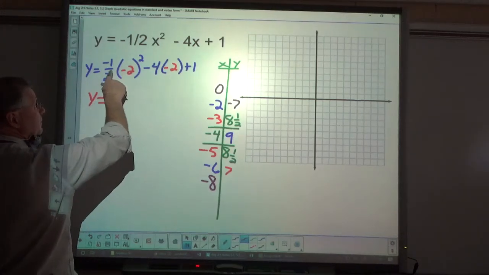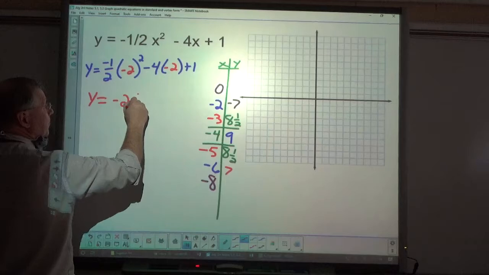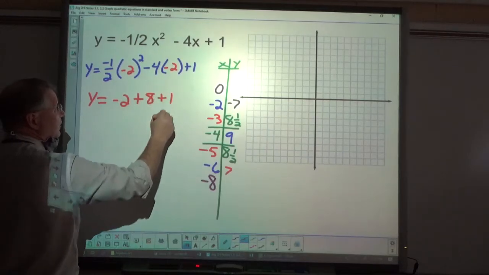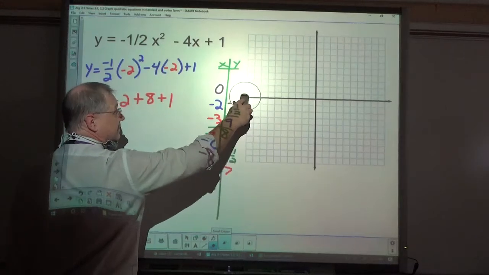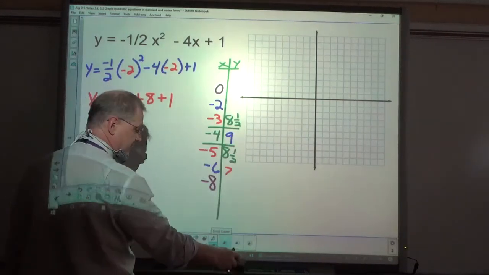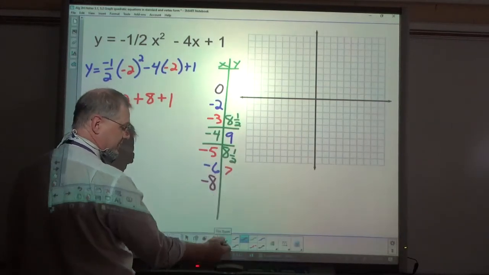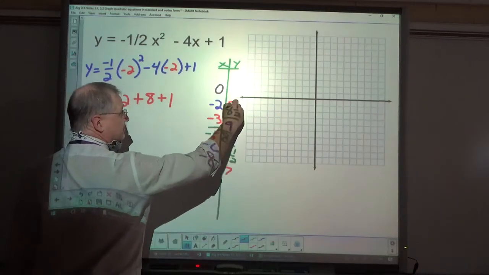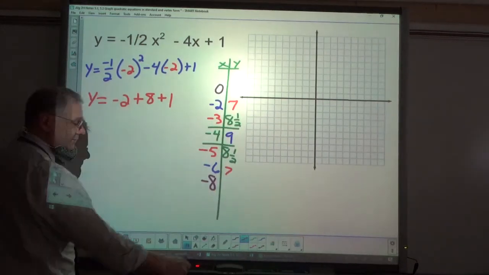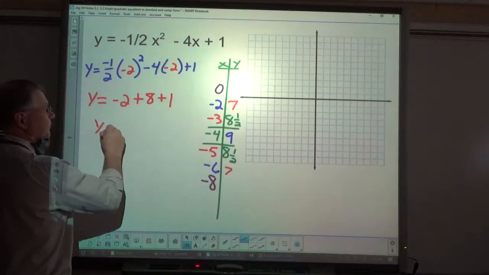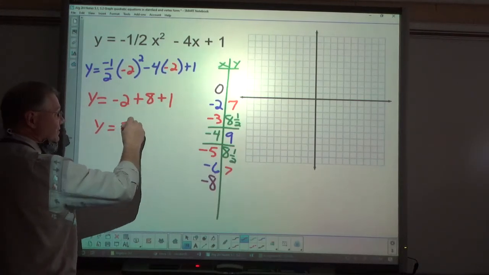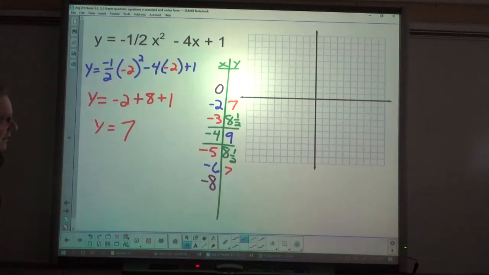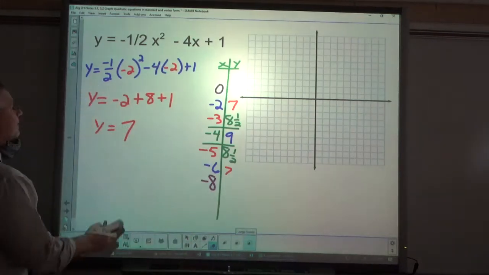That'd be 4 cut in half, -2, positive 8 plus 1. Yes, I did. I think I just wrote the wrong value there. That should be positive 7, not -7. 9 minus 2, 7. I don't know why I put -7. What am I thinking? Here we go.